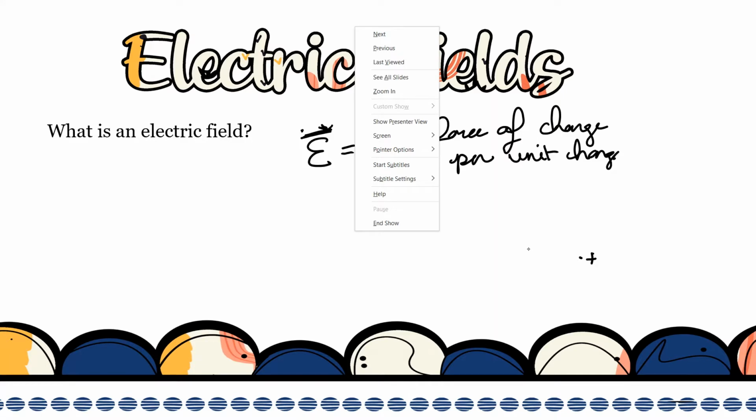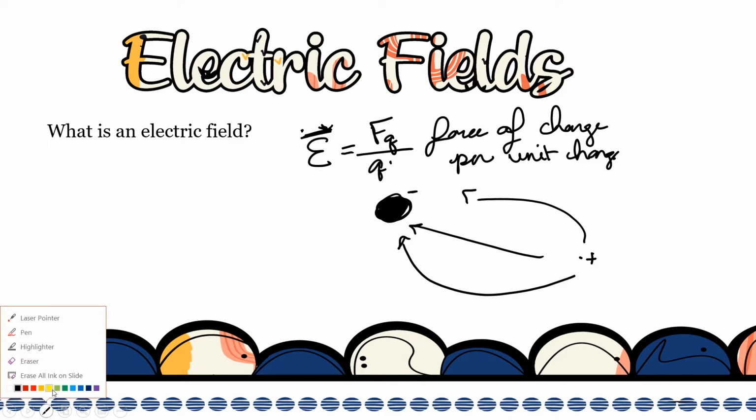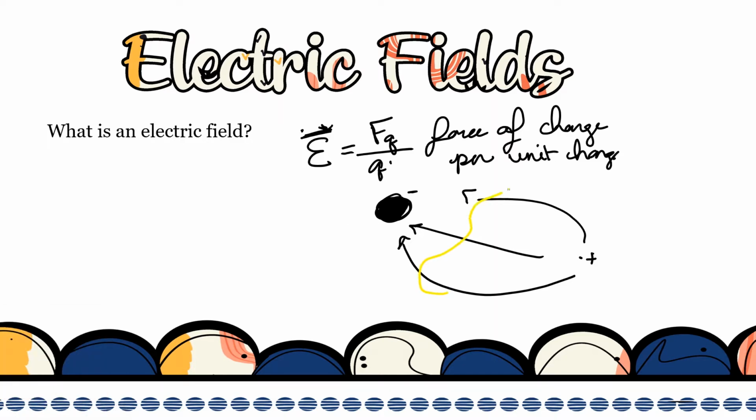And so this source charge would attract the test charge towards it. Really, the electric field is all of this space in between here, the tendency of any charged object, if it were placed in these positions, would be to move along this line.